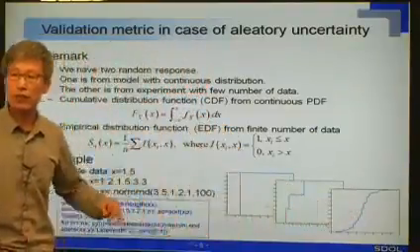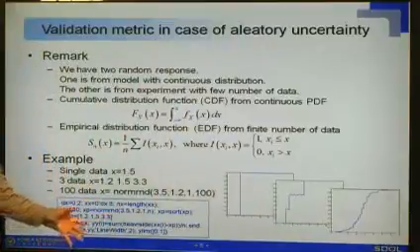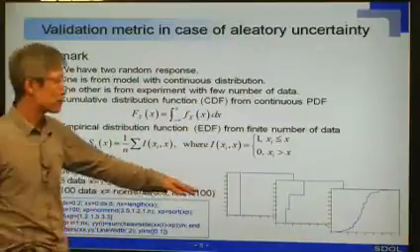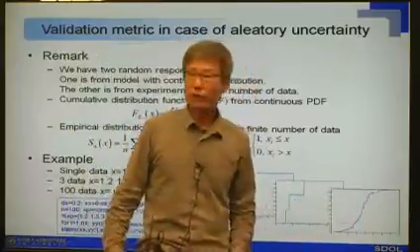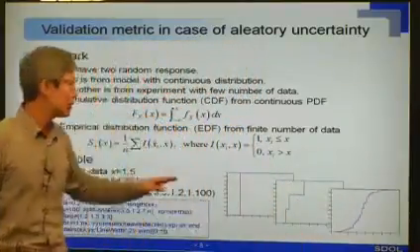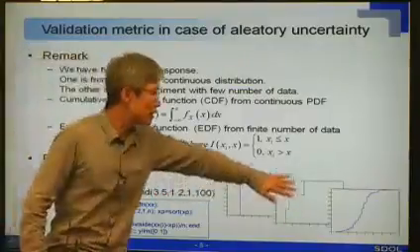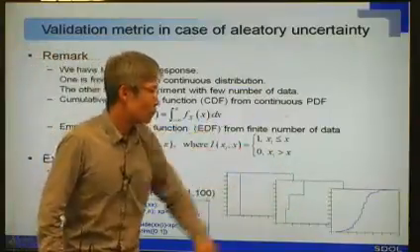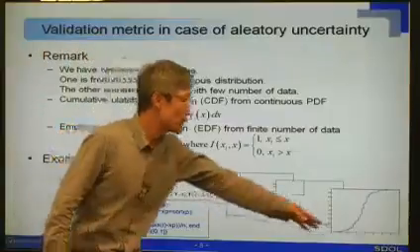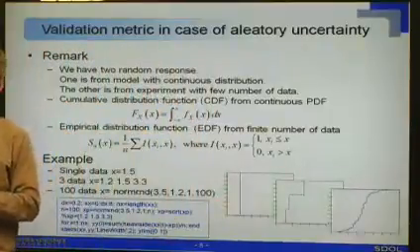As we increase more and more data, we get to the CDF that we are familiar with. So when we have only a few data points, it looks like this. And when we have many more data points, we will get a figure like this.